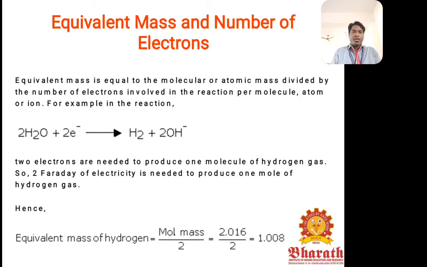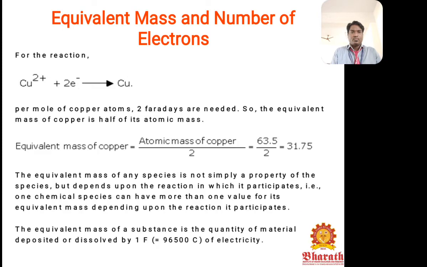So 2.016 divided by 2 is equal to 1.008. For the reaction Cu2+ plus 2 electrons gives Cu, for 1 mole of copper atoms, 2 farad are needed, so the equivalent mass of copper is half of its atomic mass.